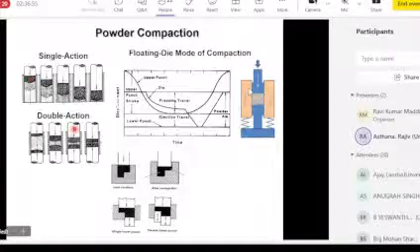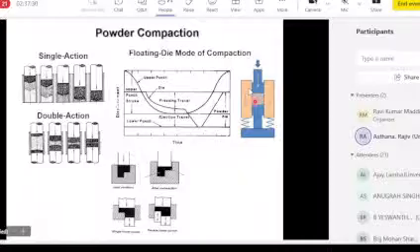A slightly better method is to use a double action press to press powders from both sides. That gives you more uniform packing, and the least amount of pressure will be at the mid plane. So those are two methods. Another way is what is called the floating die mode of compaction. In the floating die mode, the bottom punch remains stationary and the powders are sitting in the die.